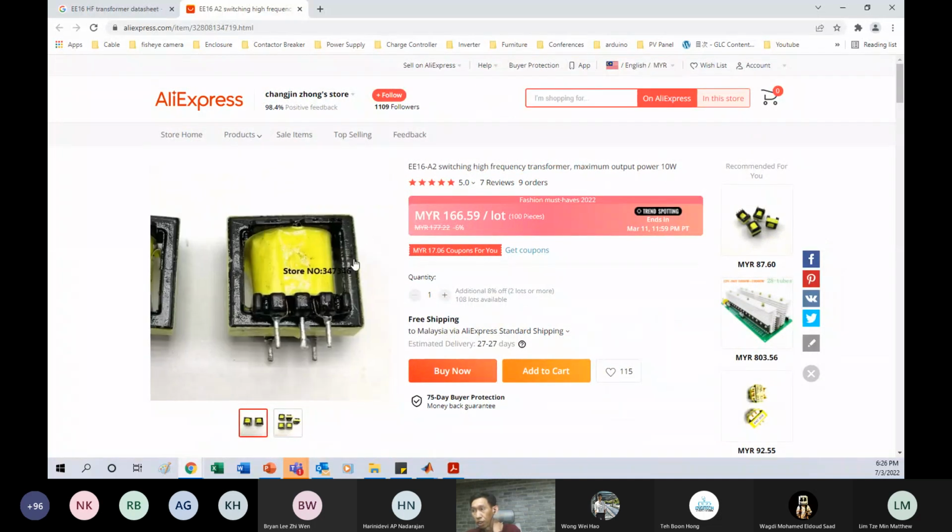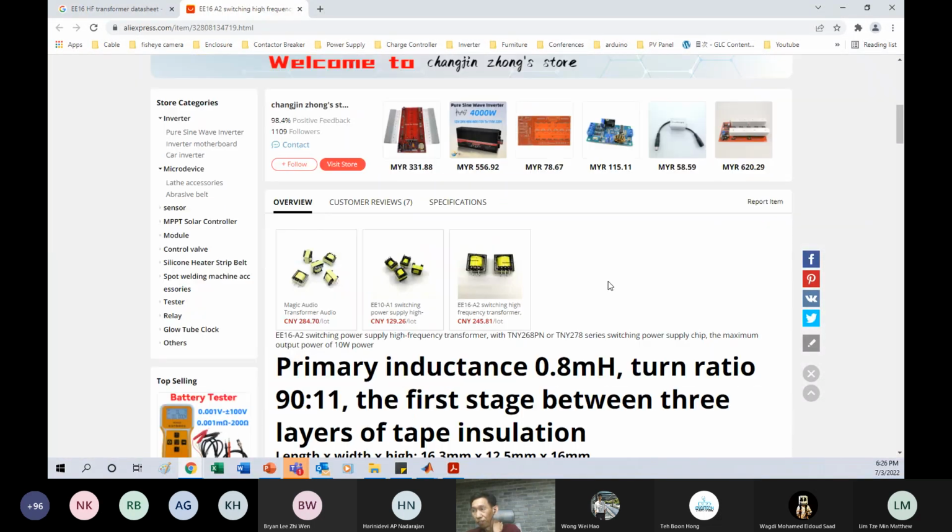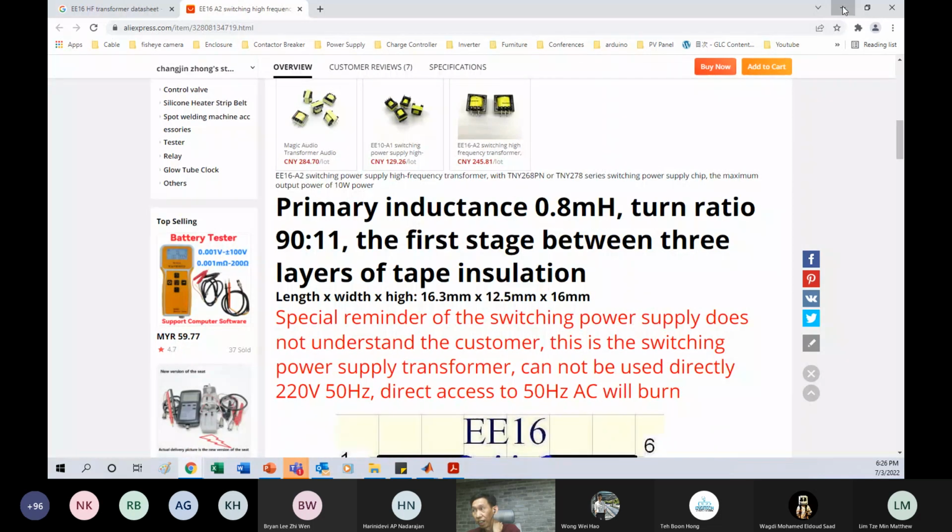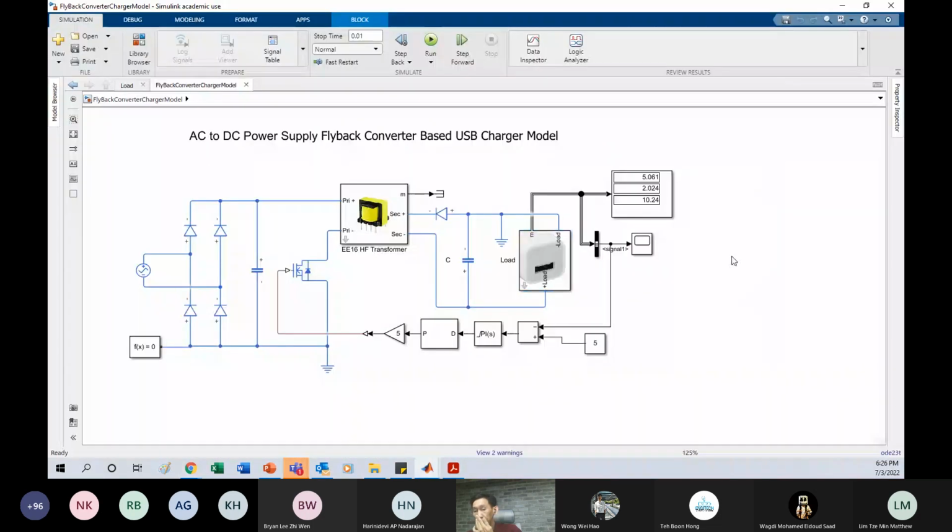So with a 10 watt charger, the moment you plug in your phone, it will deliver 10 watts of power. So the PI is still according to it. It's just like a 33 watt so-called fast charger we have for our iPhone or Xiaomi. They are also designed according to this with the PI.